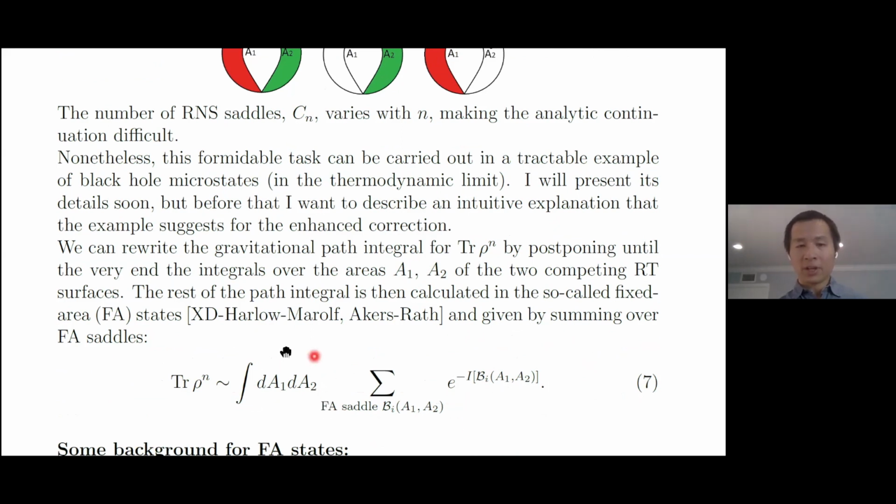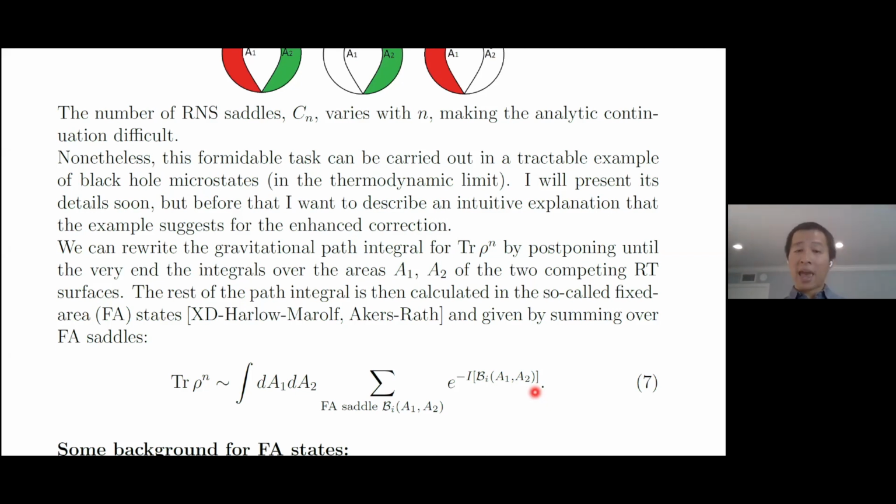Having done the rest, we simply sum over what are known as the fixed area saddles. These fixed area saddles depend on the choice of A1, A2, and they satisfy the equation of motion away from the two surfaces.